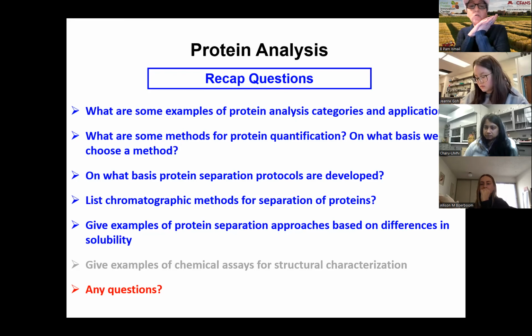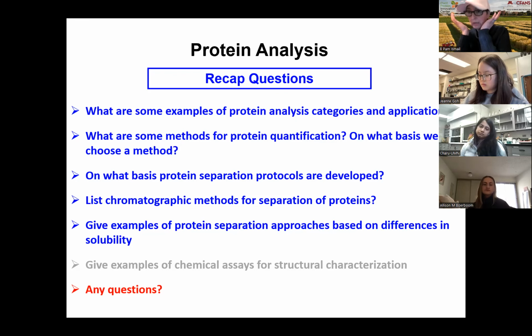So if we have a mixture of proteins and they vary in net charge, you can use different salt concentration solutions to separate them. Very good example. Okay, so these are kind of questions that might be embedded in your exam in different formats, but you need to be able to give examples and differentiate between these methods.